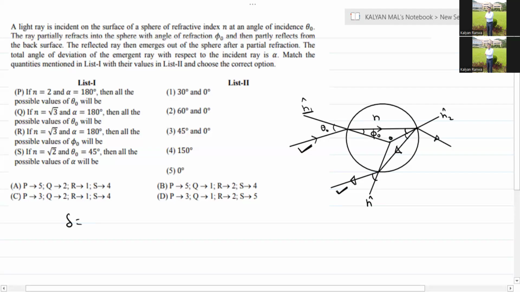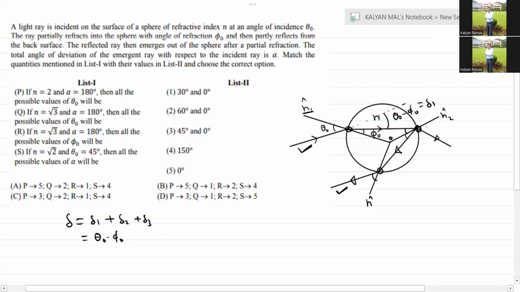There are three places where the ray is deviated: first at the entry, second at this point inside, and another during the emergence. Initially the deviation is del 1, the second deviation is del 2, and the third is del 3. Initially the ray was going in this direction, so the ray is deviated here by theta naught minus phi naught. This value is del 1.